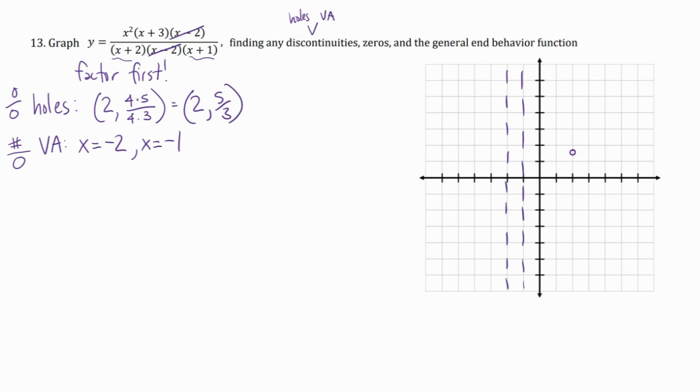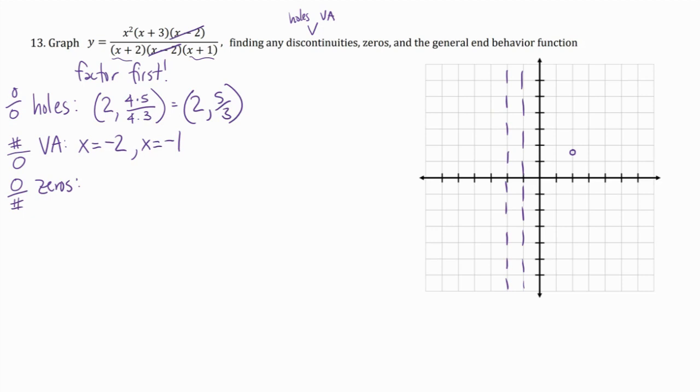All right, and then our zeros. Well, that's what makes your function equal to 0. So 0 divided by any number that's not 0 is equal to 0. For example, if I plug in 0, I would get 0 times 3, so that's 0, divided by 2. So 0 divided by 2 is 0.